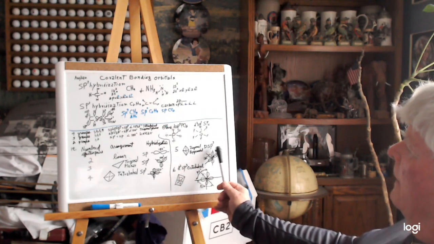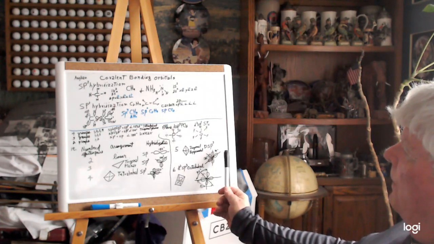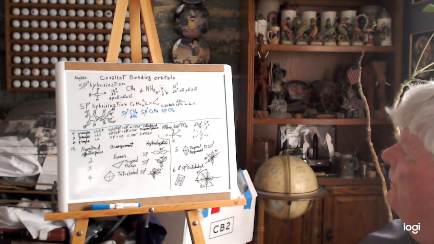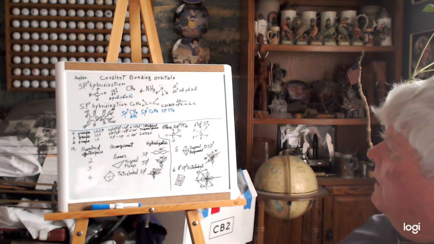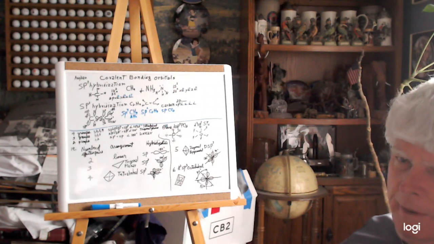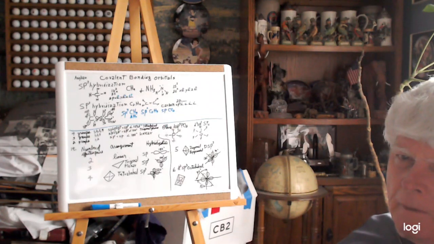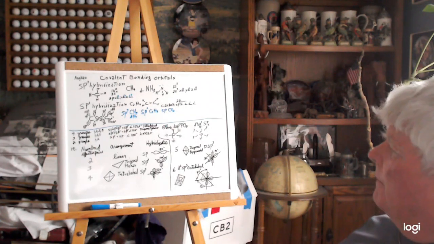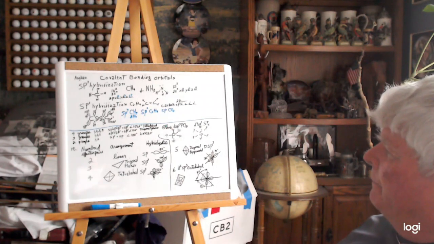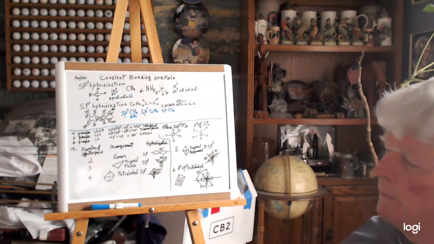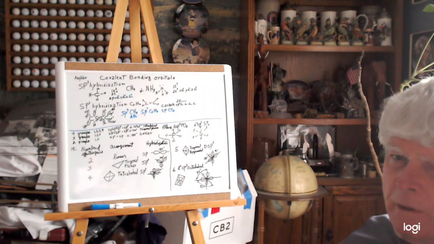And it has a 90-degree angle for one of the frames and 120 for the other. And it's called a DSP3, using the D shell, the S, and the P shell for the shared electrons that allow the covalency to occur.